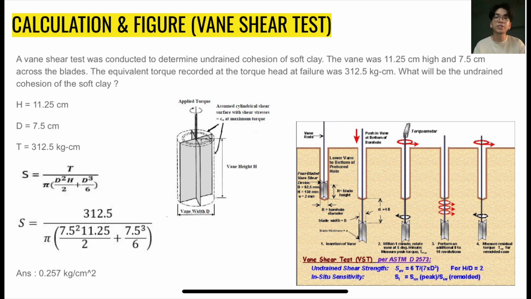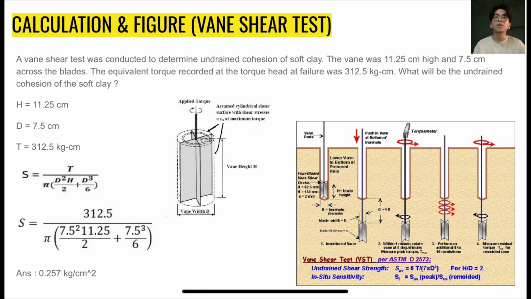So from the question, we know that the vane height, labeled as H, is 11.25 cm. The vane width, labeled as D, is 7.5 cm, and the applied torque, which we label as T, is equal to 312.5 kilogram centimeter. From that, we can insert the values into the formula below.